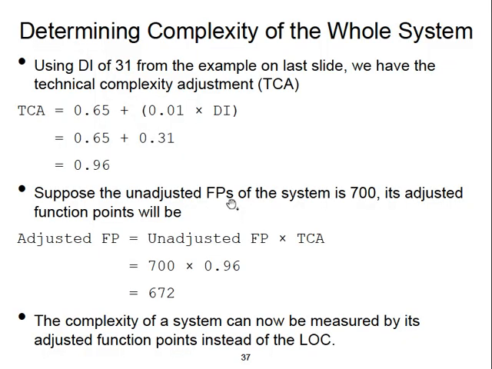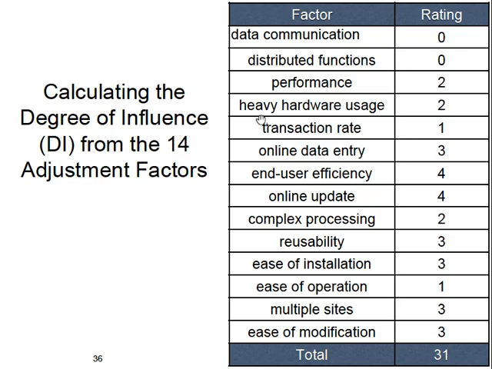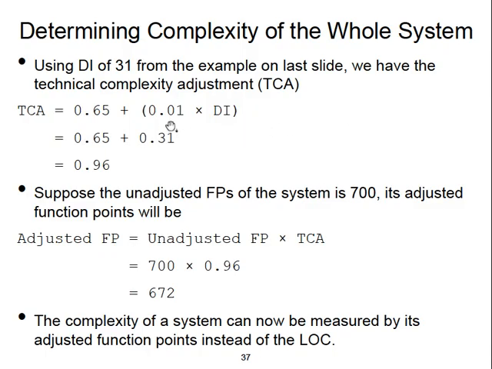And we have a formula here, which is the technical complexity adjustment. We assume that on average, the degree of influence will be 0.35, because the largest possible value is 0.70, the lowest is 0.0, and the midpoint is 0.35. If we add the midpoint to 0.65, we have 1.